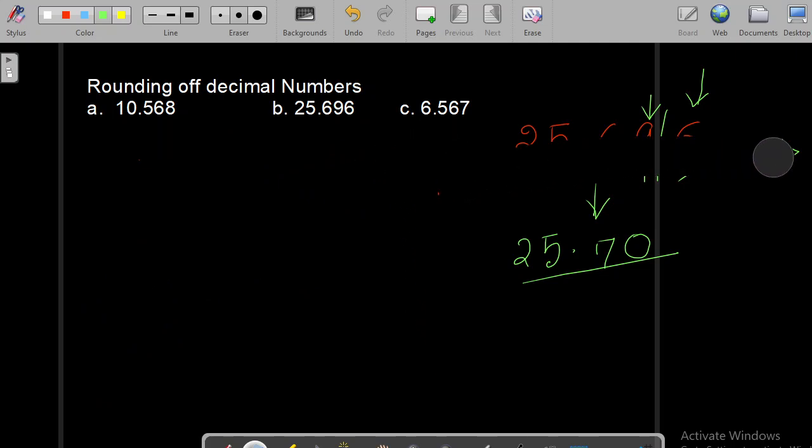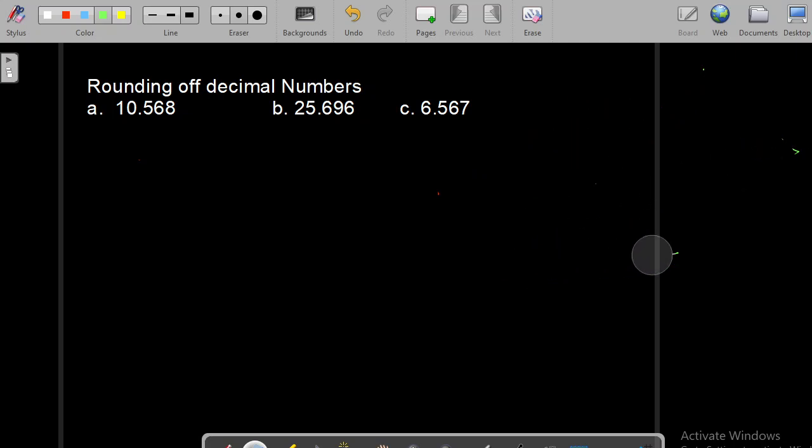Suppose for the third example, I'm using the number C. In number C, the number given is 6.567. I want to write it correct up to one decimal place. Now, if I want to write it up to one decimal place, I have to cut off here. This is the cutoff line, and the digit immediately next to the cutoff line is 6.